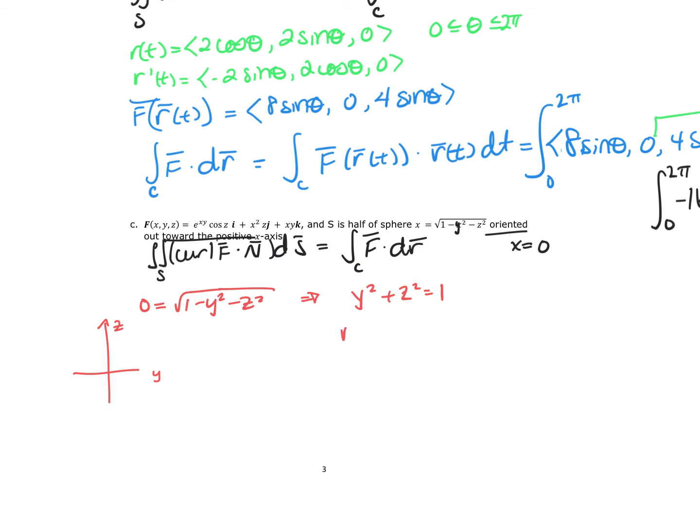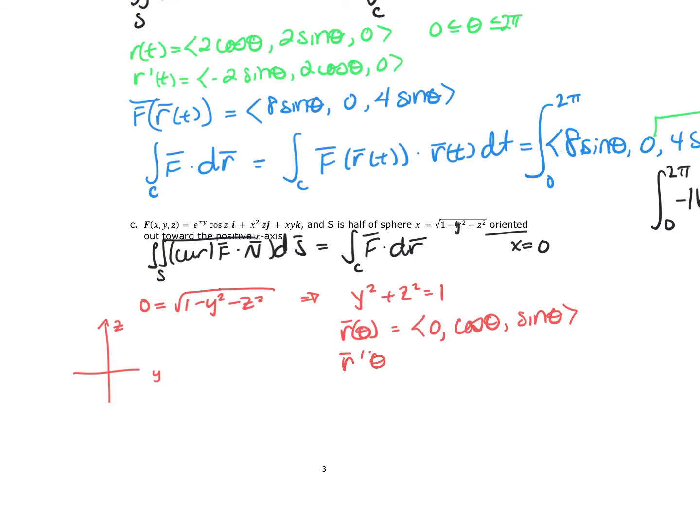So my r of theta will be equal to, in this case, I have the 0 in the x, and I'm going to use y and cosine together because of the way I've orientated my axes. So it'll be the cosine of theta, and then I'm going to put z with sine, so that's the sine of theta. You can switch those if you want, and if you do that, that's fine. You'll make this y and this z. It's totally fine. Just make sure you're consistent when you do the replacement.